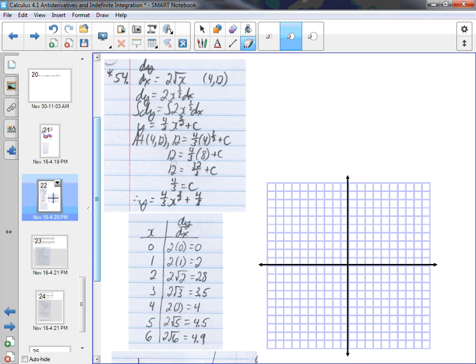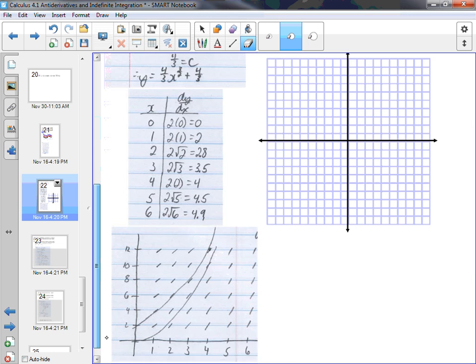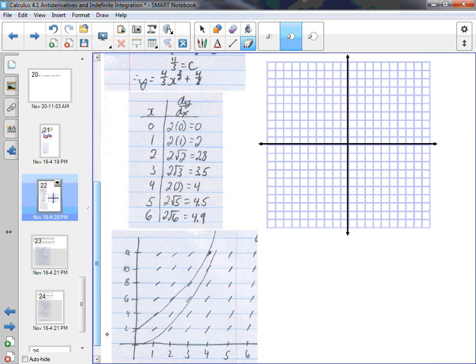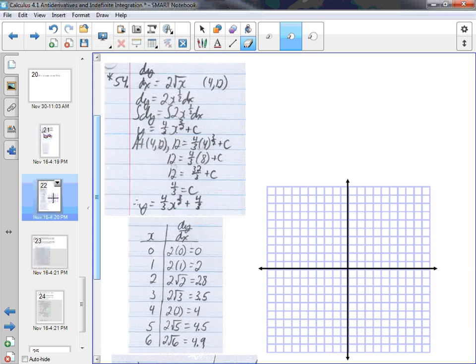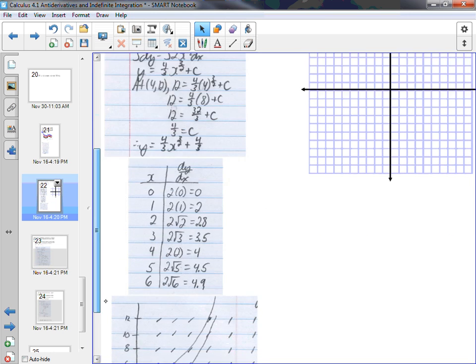All right, so now we need to figure out what the slope field looks like. Now, I started with this. I'm not going to use that.